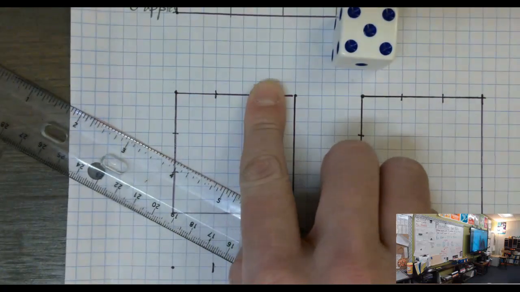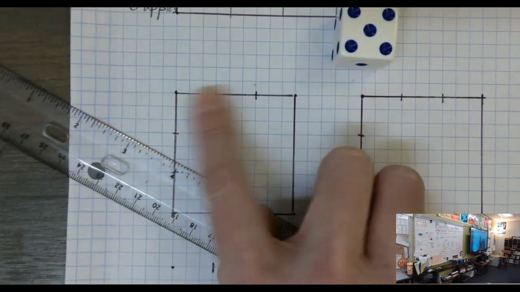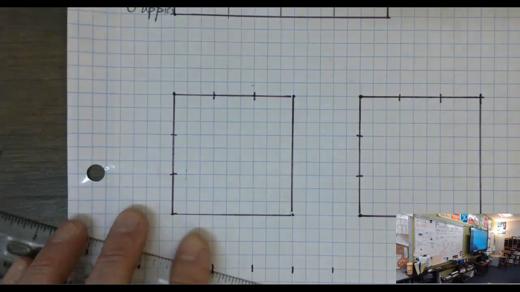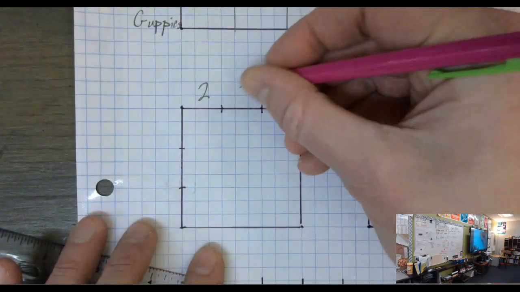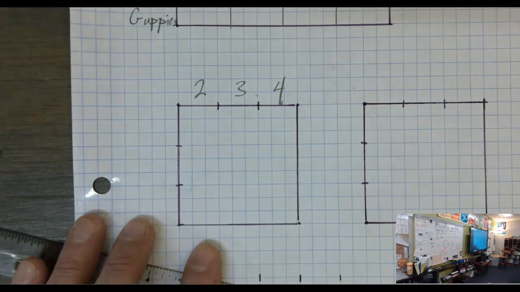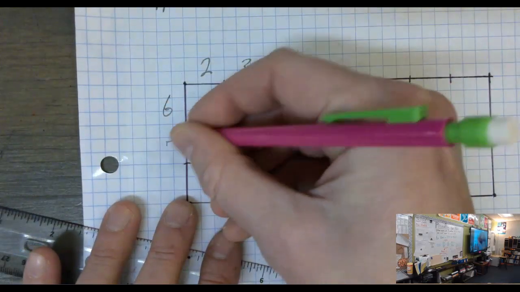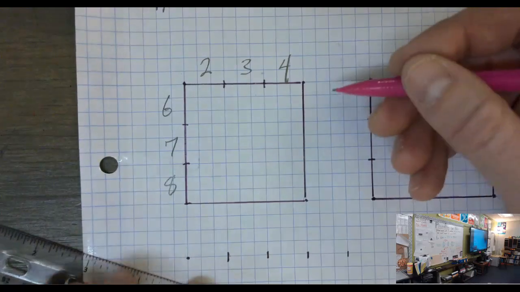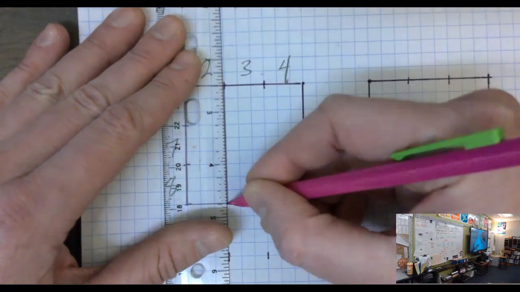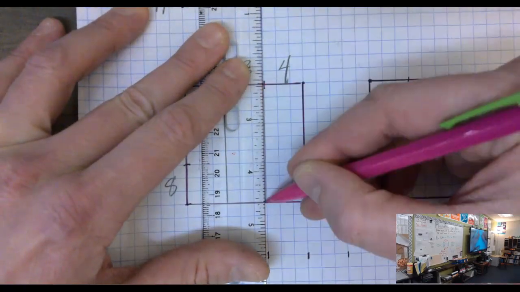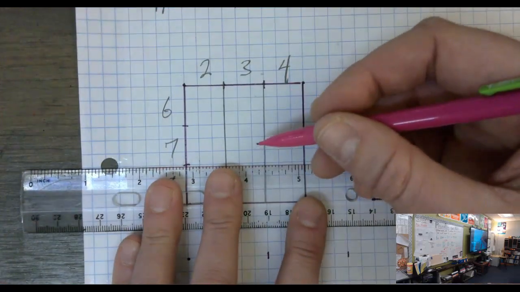Spinner A, what can it be? 2, 3, and 4. Right? What about spinner B? 6, 7, and 8. So just like we did yesterday, I want you guys to fill in this table and see if that changes what you're betting.